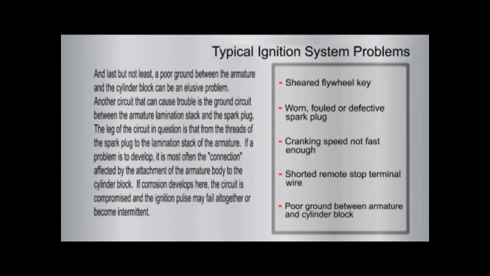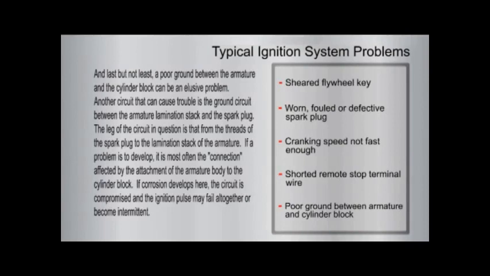Another circuit that can cause trouble is the ground circuit between the armature lamination stack and the spark plug. The leg of the circuit in question is that from the threads of the spark plug to the lamination stack of the armature. If a problem is to develop, it is most often the connection affected by the attachment of the armature body to the cylinder block.